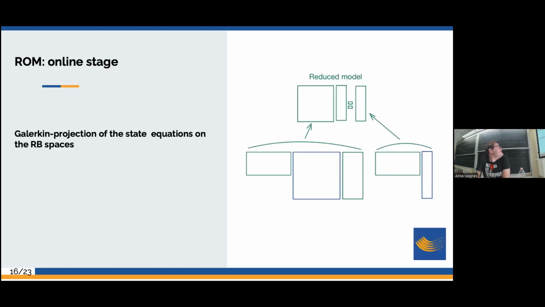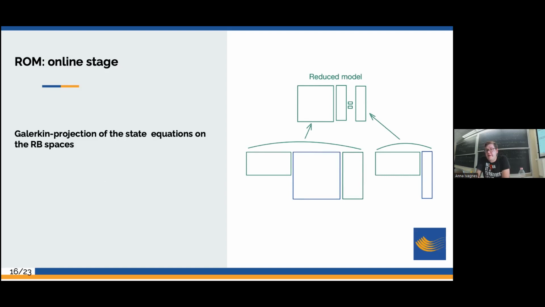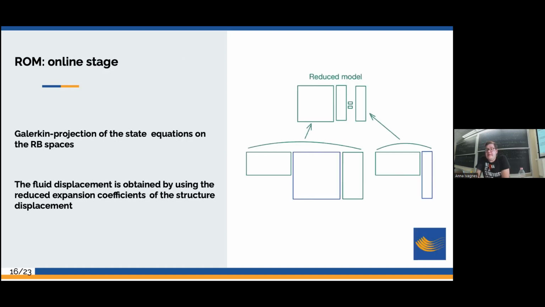And in the online phase, we rely on the Galerkin projection on the reduced spaces, and then the fluid displacement, because of the structure we defined here, is obtained by using the reduced expansion coefficients of the structure displacement. And then we again can use the Gauss-Newton optimization algorithm.